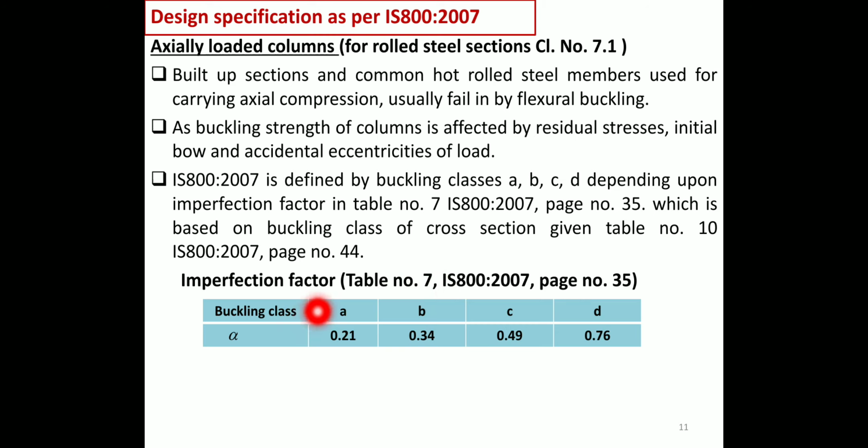If the buckling class is A, the value of alpha is 0.21. If the buckling class is B, alpha is 0.35. If class is C, alpha is 0.49. And lastly, if the buckling class is D, we take alpha equal to 0.76.